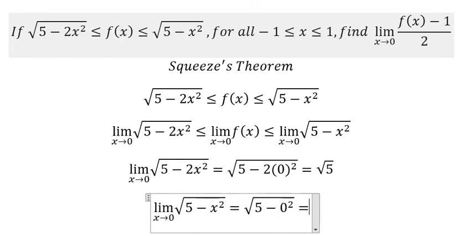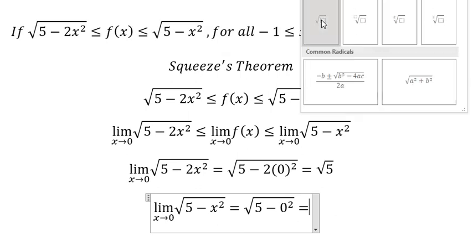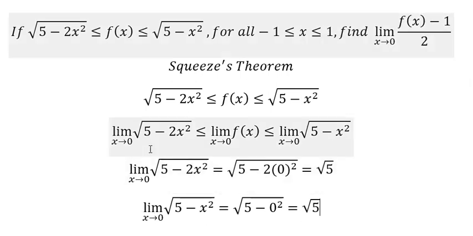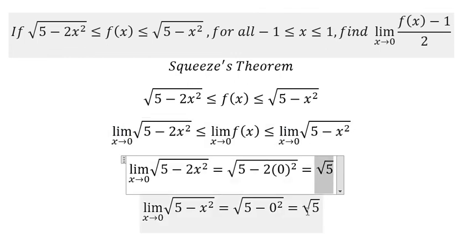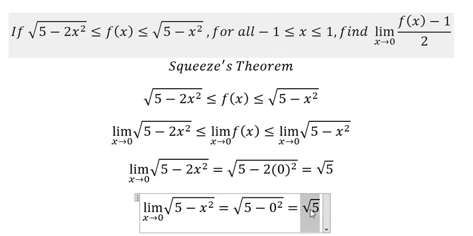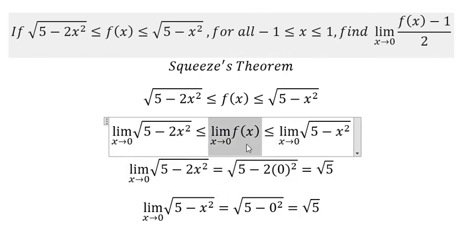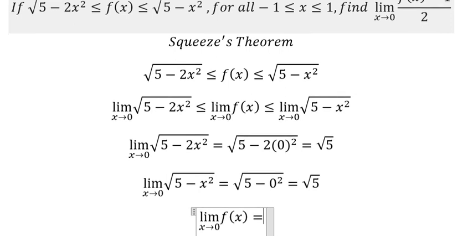And we have the square root of number 5. So on the left and on the right, we have the square root of number 5 and the square root of number 5. So the limit of this one equals the square root of number 5.